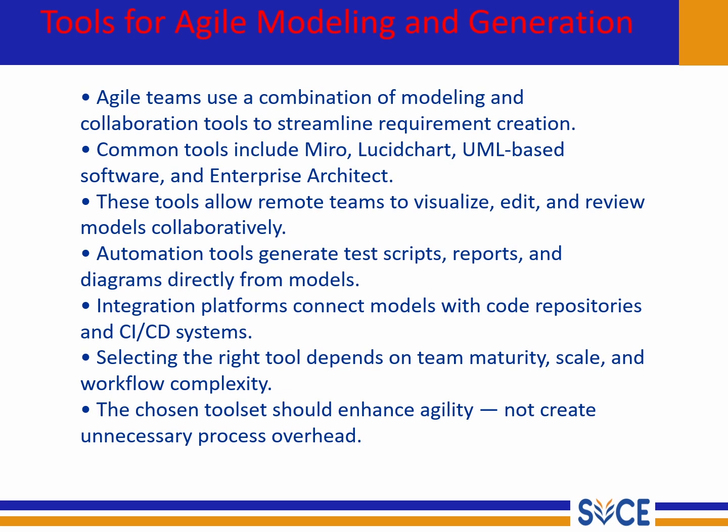Automation tools generate test scripts, reports, and diagrams directly from models. Integration platforms connect models with code repositories and CI/CD systems. Selecting the right tool depends on team maturity, scale, and workflow complexity. The chosen tool set should enhance agility, not create unnecessary process overhead.